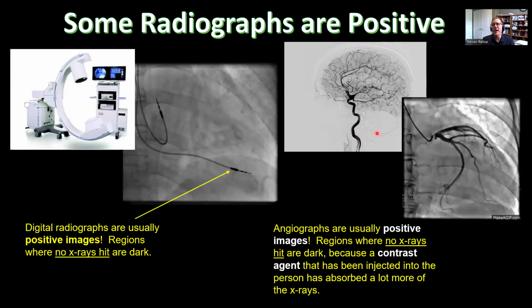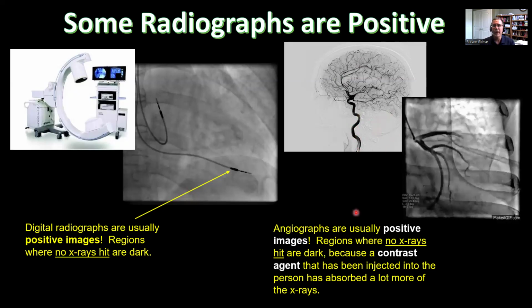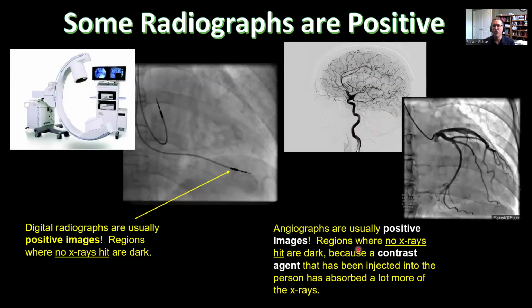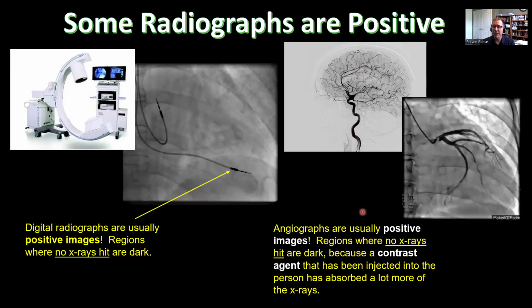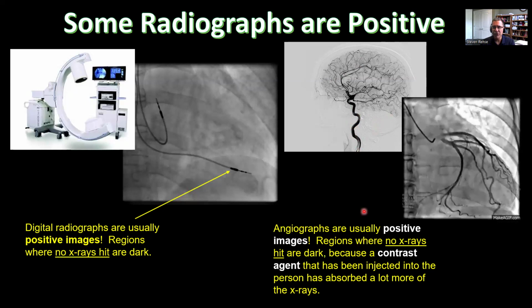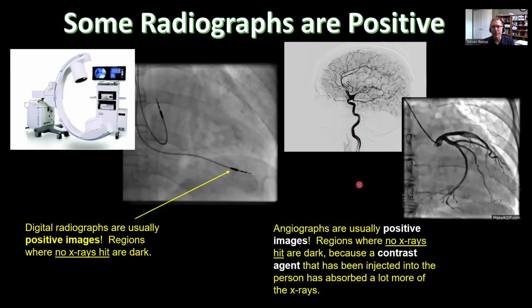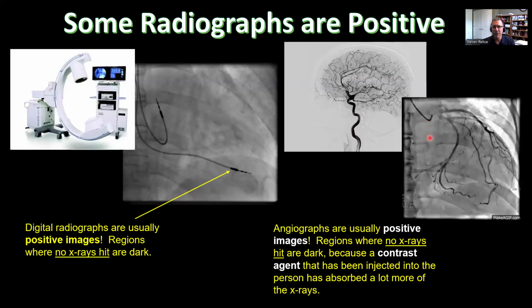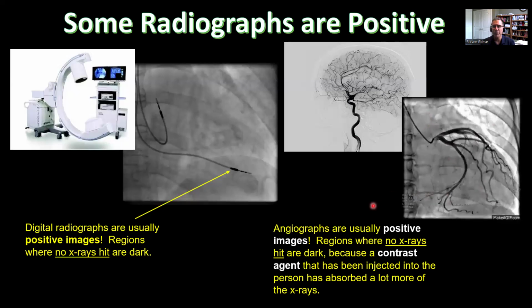Ordinarily, blood would not absorb X-rays at all, but in both of these angiographs, the physician or radiologist has injected a contrast agent right into the bloodstream, and that contrast agent has some types of metals in it that absorb X-rays really well. Because they quickly permeate through your blood flow, everywhere there's a blood vessel becomes dark.